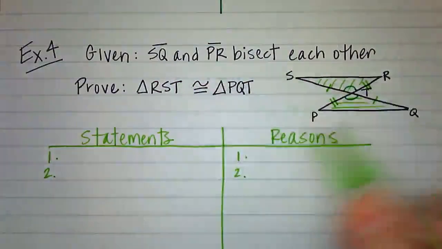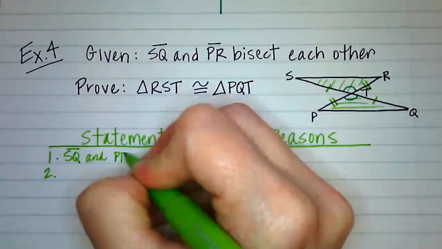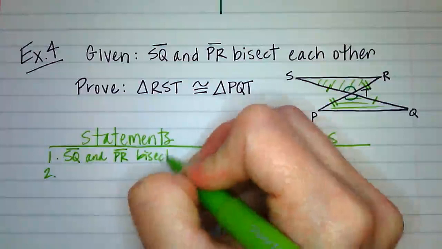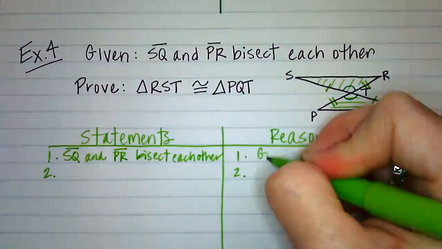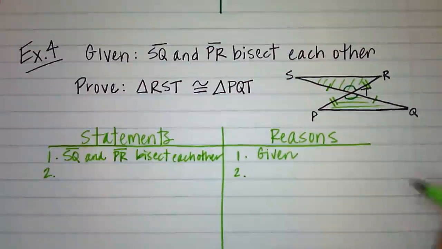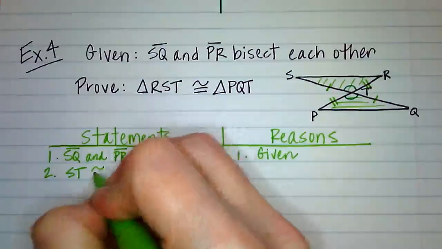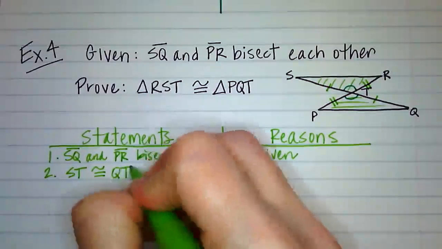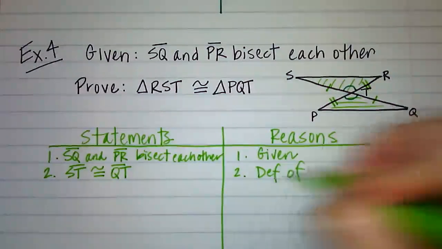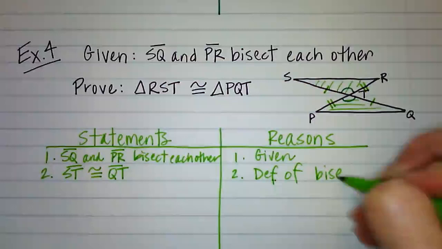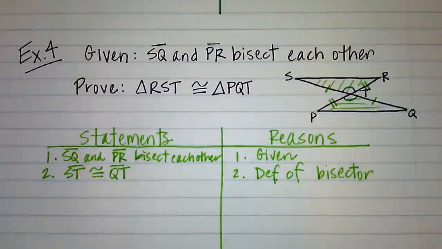Okay, so first thing we want to do is put our given. So SQ and PR bisect each other. All right, and that was given information. Okay, now, because of that, we know that ST is congruent to QT, and that is definition of bisector.